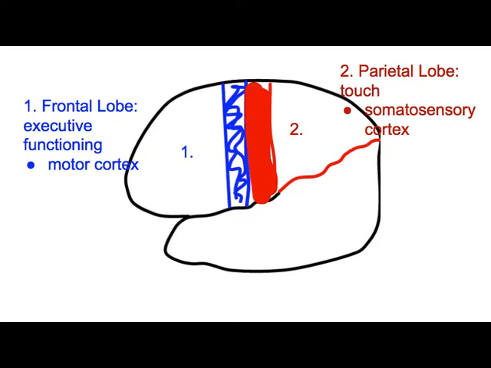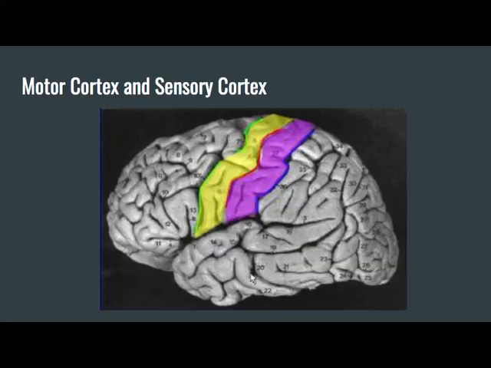Is it your legs, is it moving in multiple directions? Your arms? Yeah. So why would it be your mouth and tongue? Yeah, the language development.